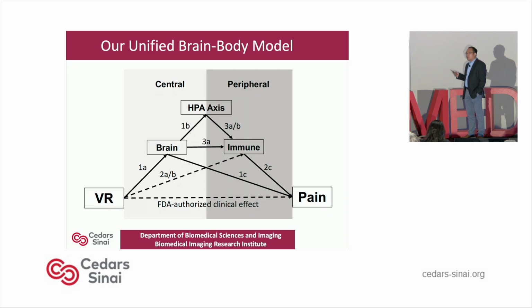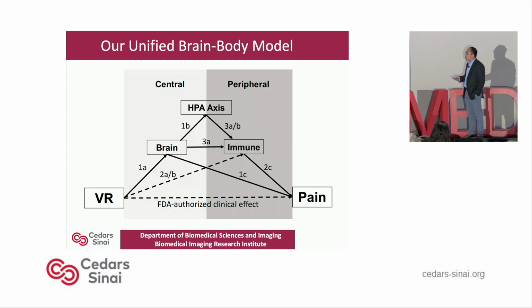And in our work, Brandon, Caroline, and I are going to talk about this. We came up with a more unified brain-body model. So I talked to you about how VR may impact the brain and how the brain may impact pain through this four-network-level interaction model.